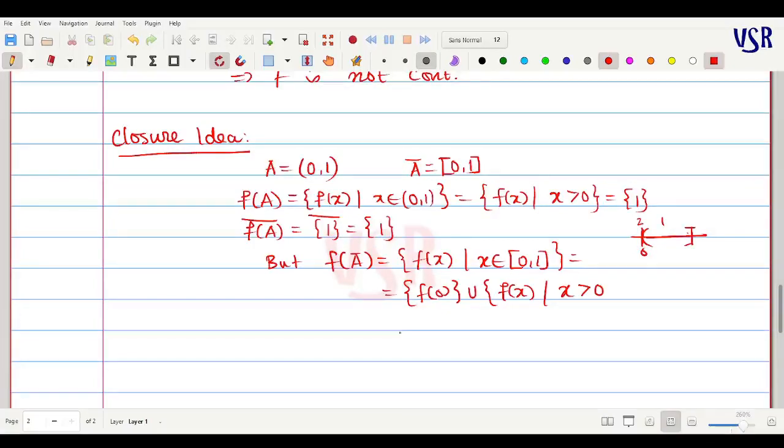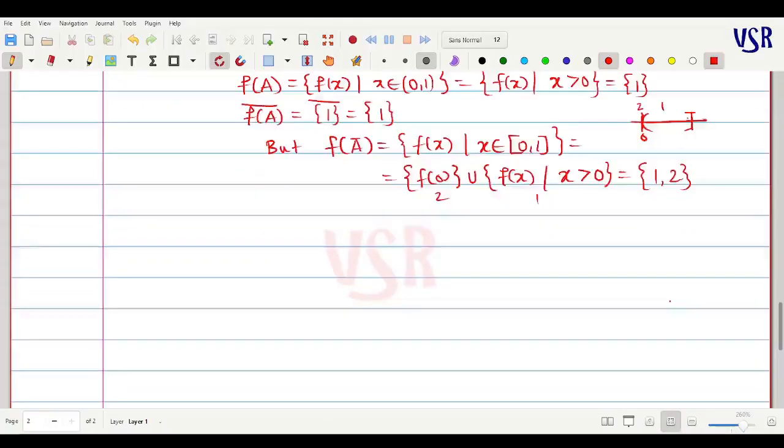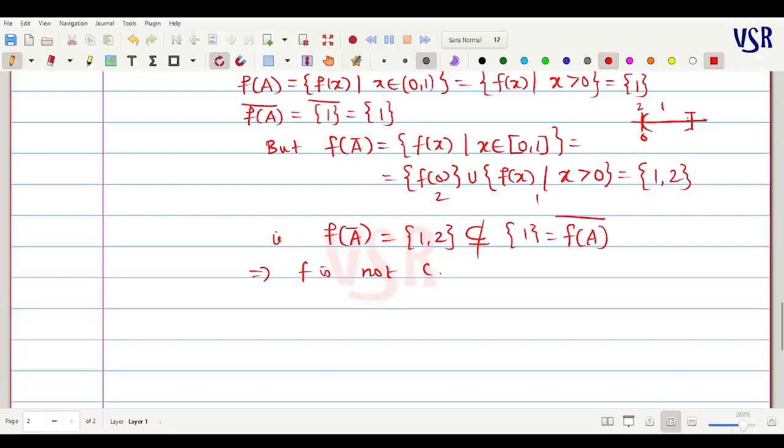So we can write {1, 2}. So f of the closure of A, which is {1, 2}, is not contained in the closure of f of A, which is {1}. So this implies that f is not continuous. Okay, I'll stop here.